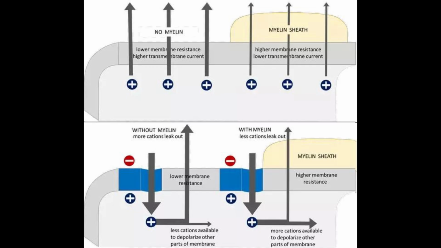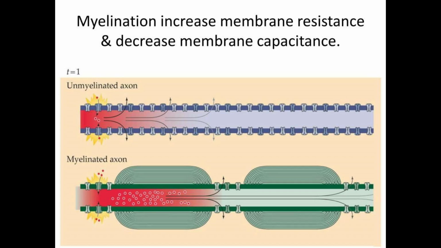Exactly. And to understand why it's so fast, we have to look at two fundamental properties of electrical physics: resistance and capacitance. Let's break those down, because this is where the genius of evolutionary engineering really shines. Let's start with resistance. Think of the axon membrane as a garden hose, and the electrical current is the water pressure inside.